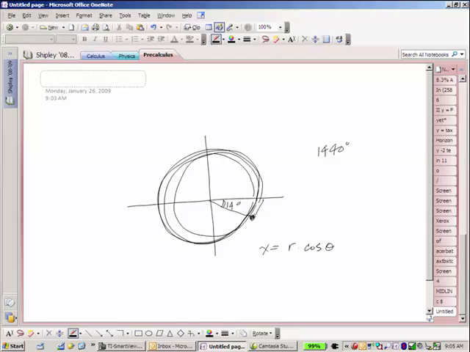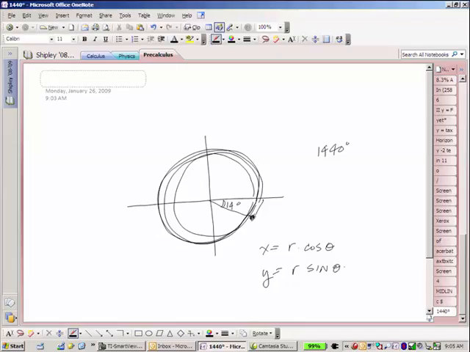And 14 degrees is measured from the x-axis. Right? And y is going to be r sine of theta.